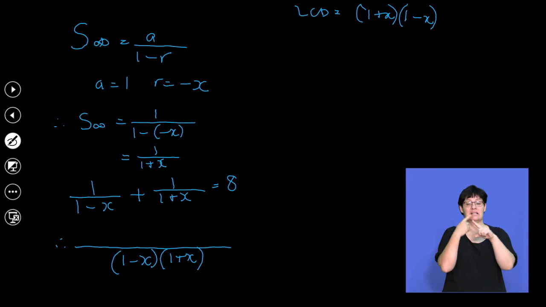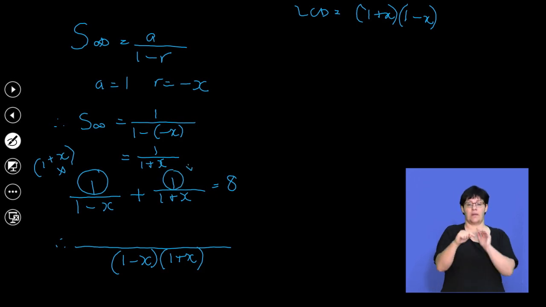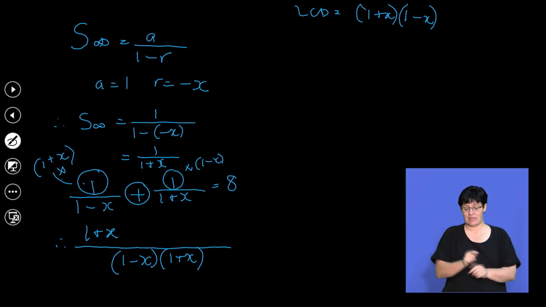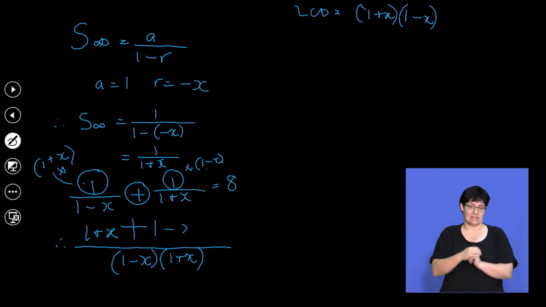And we're now going to multiply this numerator by 1 plus x, and we're going to multiply this numerator by 1 minus x. So we've got 1 times 1 plus x is just 1 plus x. And then we've got this plus, and then we've got 1 minus x, and that is equal to 8.